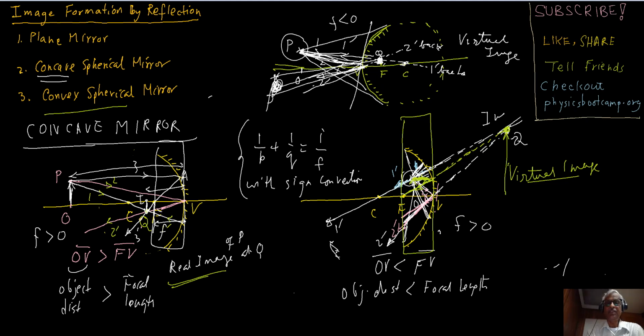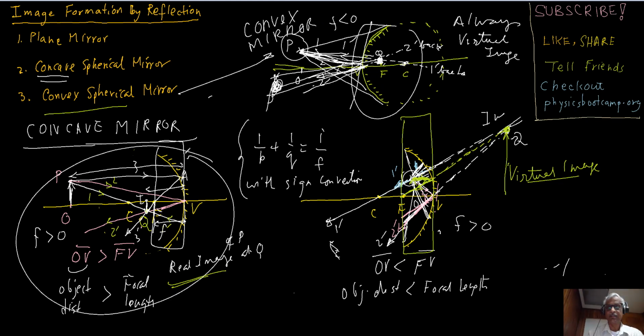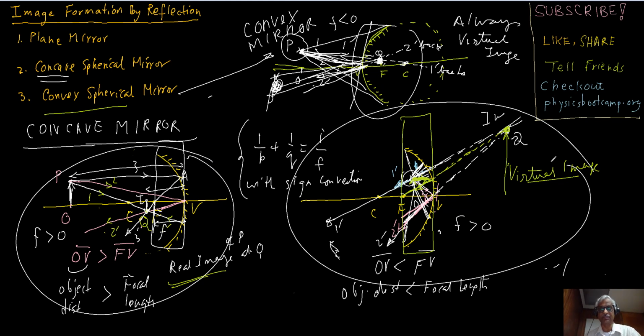Now over here, it turns out it's always going to form a virtual image. This is always going to form a virtual image in the case of a convex mirror. This is a convex mirror. And in the case of a concave mirror, sometimes it's going to form a real image and sometimes a virtual image.